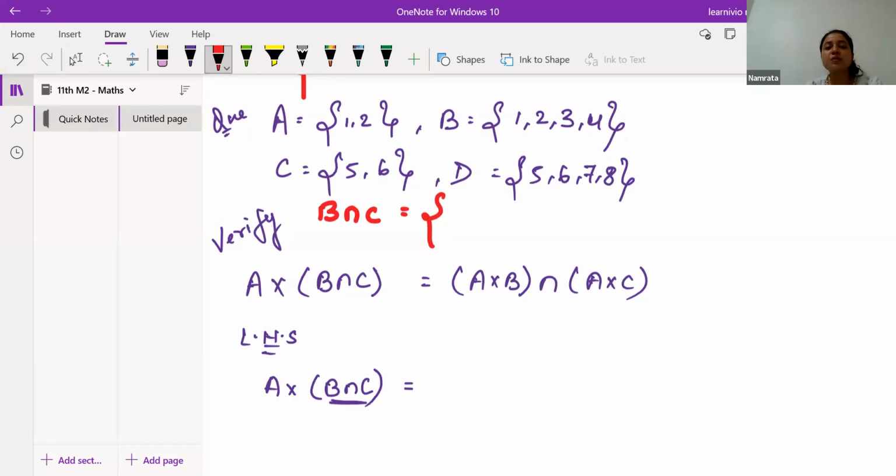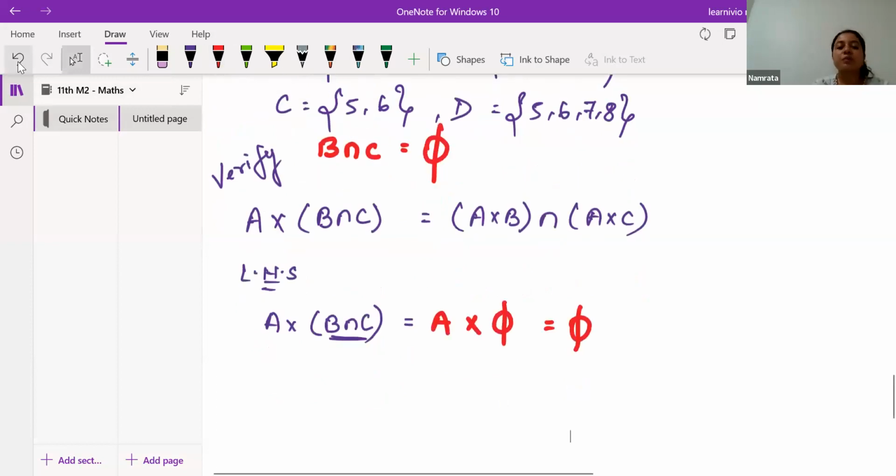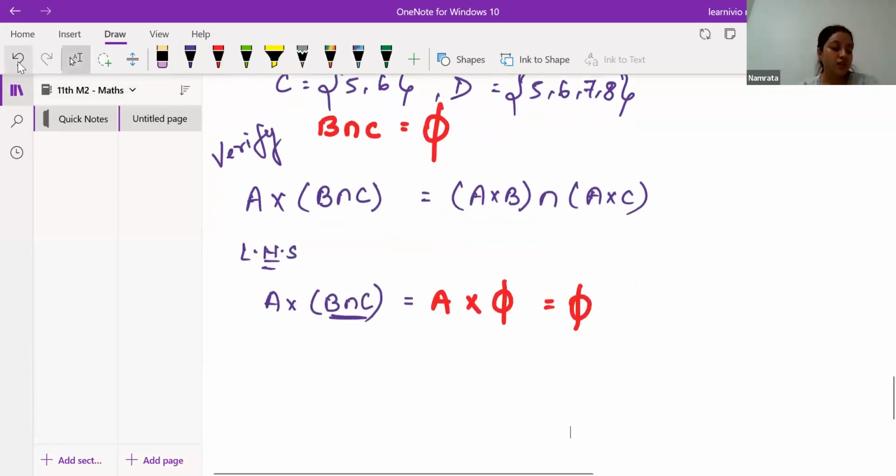Intersection, there is nothing common. So we will write the empty set, right? Nothing is common. Here again we got the same question, A cross the empty set, and it will be the empty set only. Similarly, the other one will also be the empty set. Let's leave this. Already we have discussed this concept.